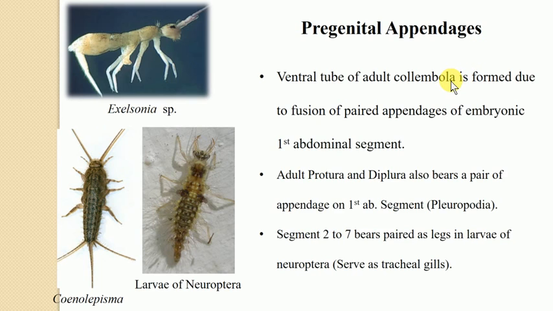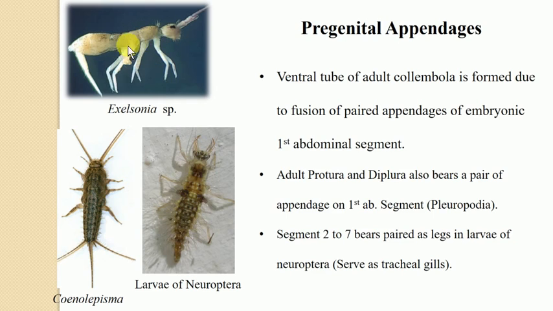The pregenital appendages include the ventral tube of the adult Collembola. Collembola is an order. Here, the ventral tube is formed due to the fusion of a paired appendage of the embryonic first abdominal segment. Here you can see in the diagram an example belonging to the order Collembola.